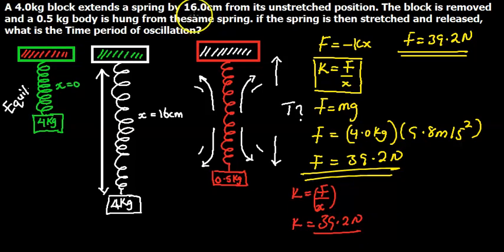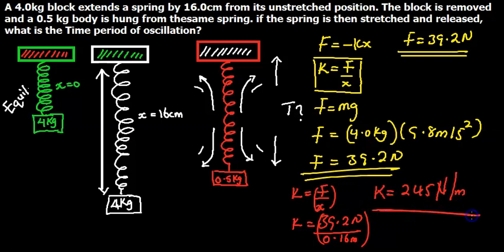We need to convert that into meters, which is 0.16 meter. If we divide that, our spring constant k is simply going to be 245 Newton per meter. Therefore, our force is 39.2 Newton, and our k is 245 Newton per meter.